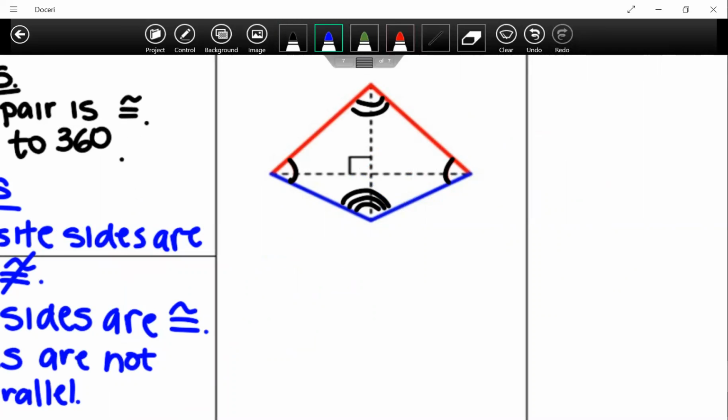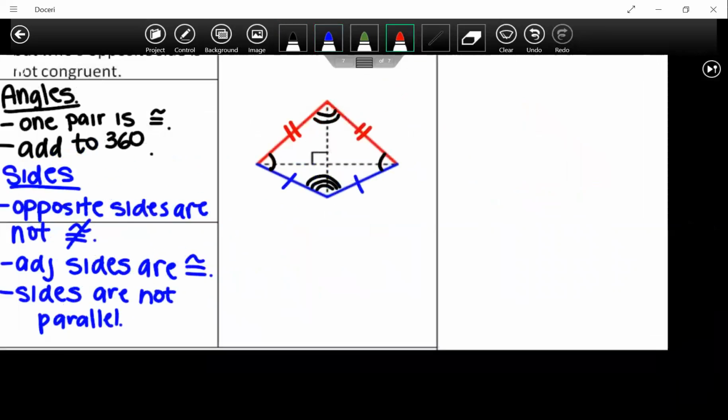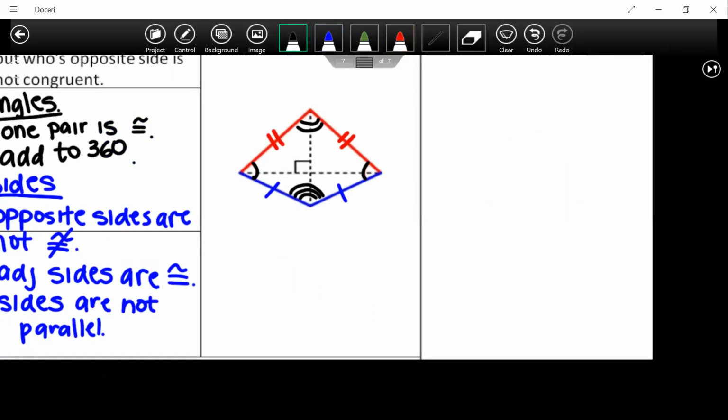Okay. Here we go. Opposite sides are congruent. So adjacent sides are. So then something like that. And then the final thing to talk about is diagonals, and we'll finish these up really quick. Does not bisect.